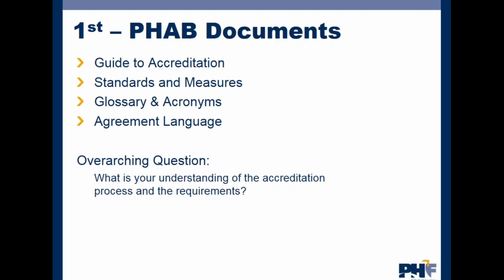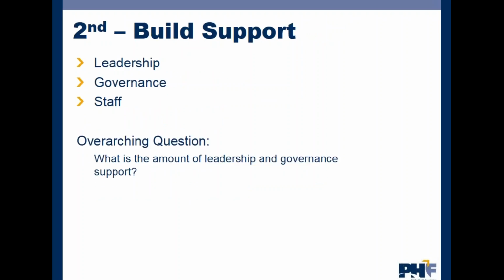So all of these things help in getting a couple of things underway initially, helping to determine how this will work for you and what you're going to do with accreditation, seeing if this process is right for you to go through, or using it to begin to do some quality and performance types of activities in the department. So getting that good understanding is the place to start.